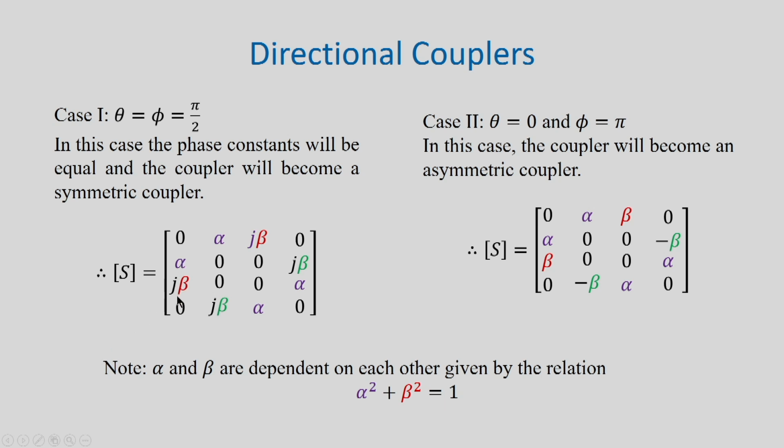We take any column, then if you multiply with the complex conjugate of the corresponding elements and add them, then we get alpha square plus beta square equal to 1. In both the cases, this relationship is valid.